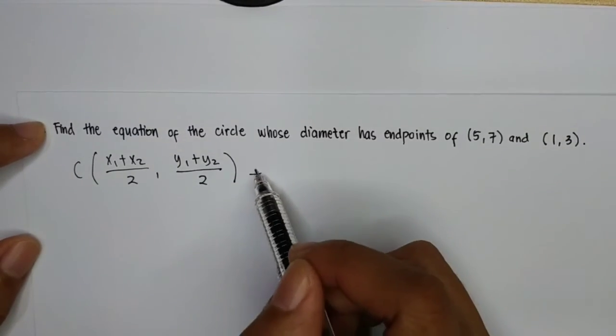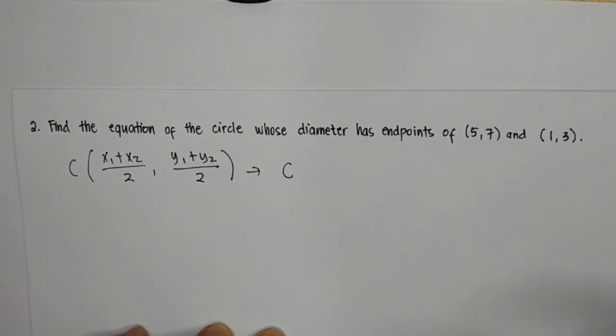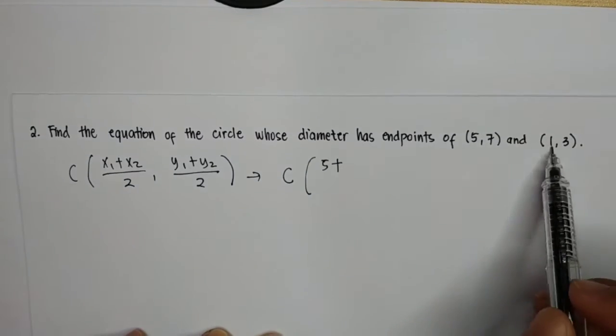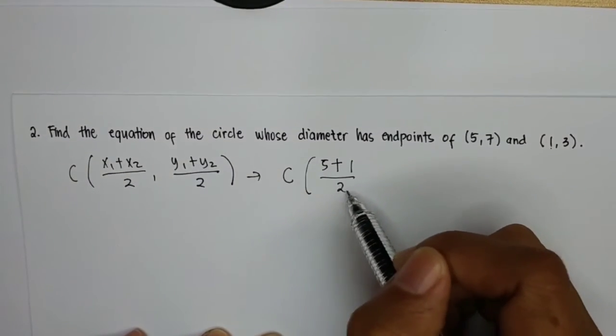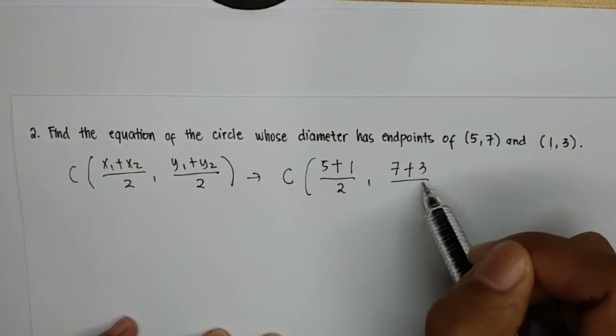So our center will be: x sub 1 is 5, plus 1, divided by 2; y sub 1 is 7, plus 3, divided by 2.